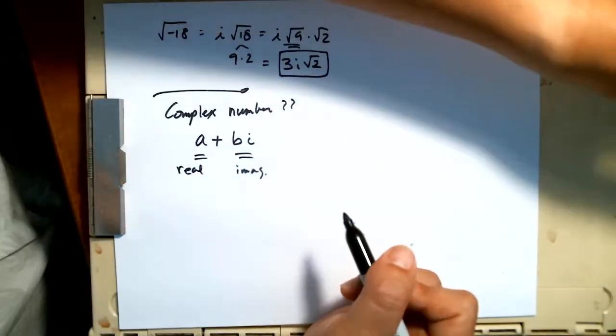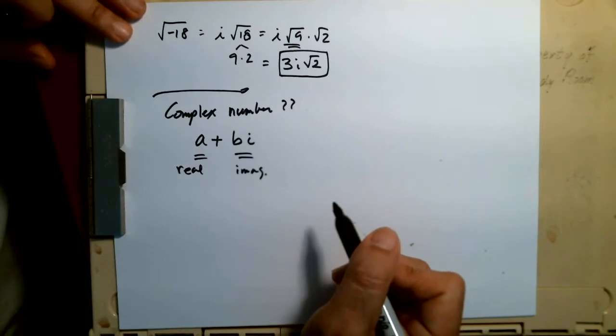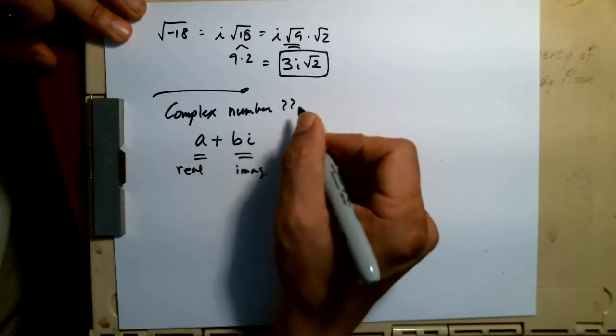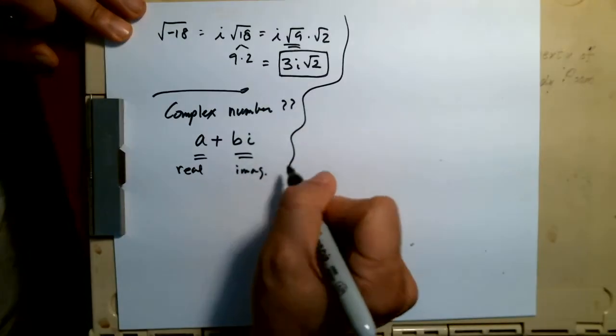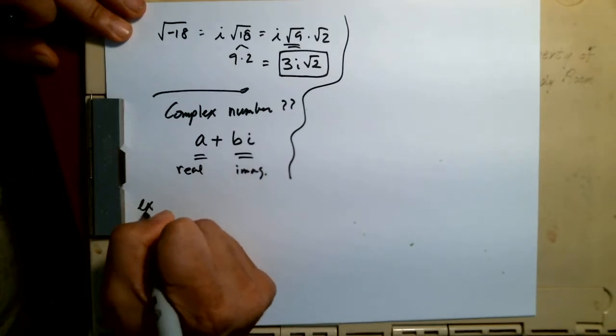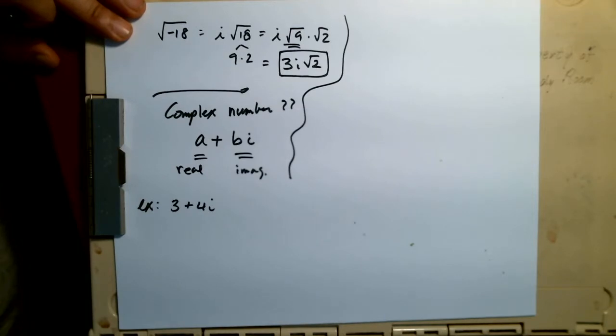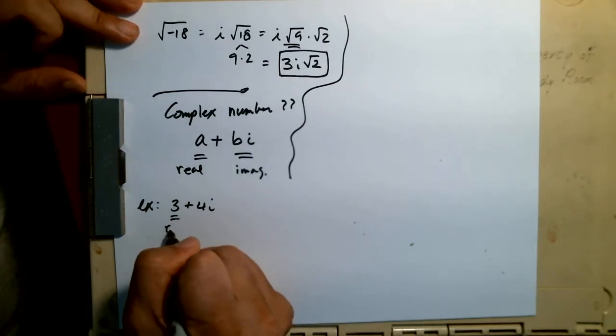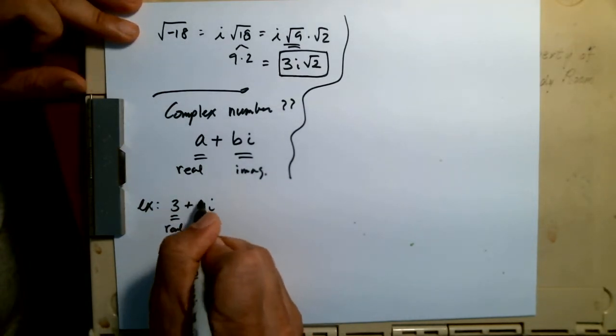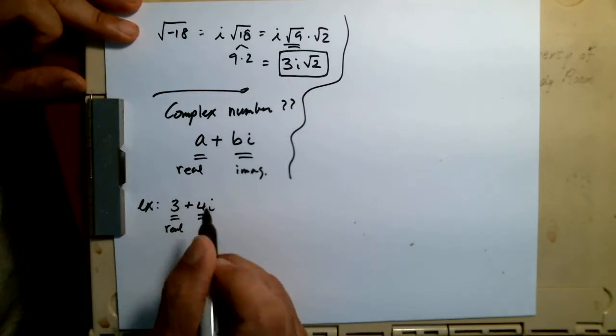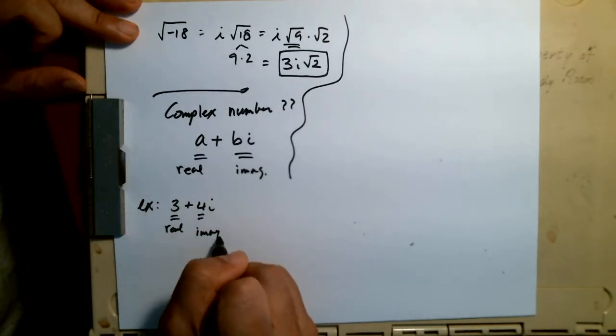So I'm actually going to use the example from the book that they give you, or similar to it. Let's try the example 3 plus 4i. So what happens is, this is the real portion, and this, not the i, but that 4, is the imaginary portion.